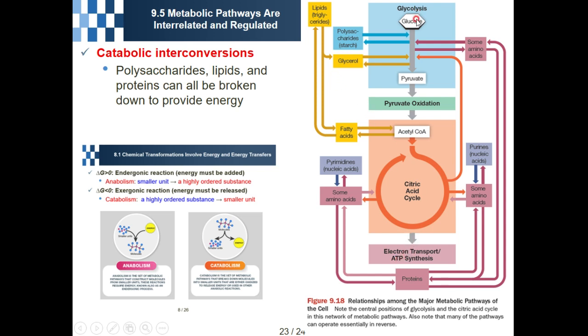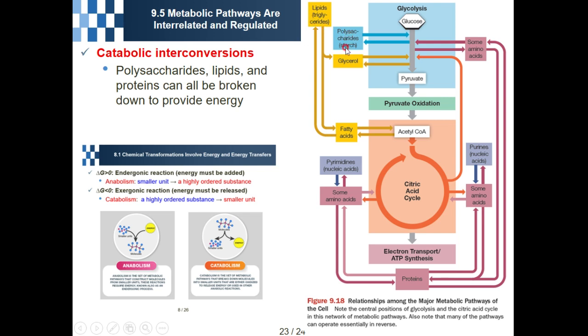But usually, glucose is the main source, but sometimes several polysaccharides, some lipids, or proteins are also broken. They are broken into small subunits. That's why we call it catabolic interconversion.